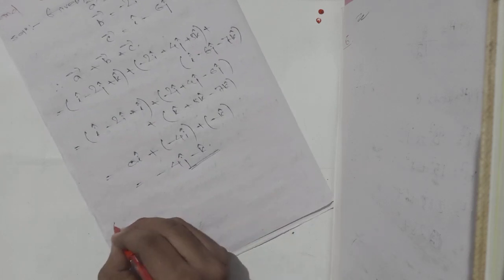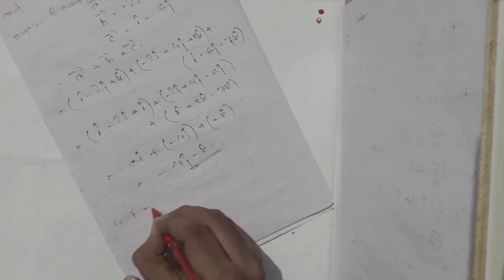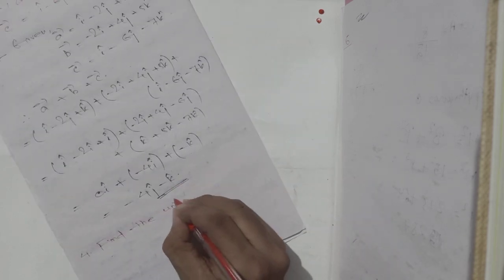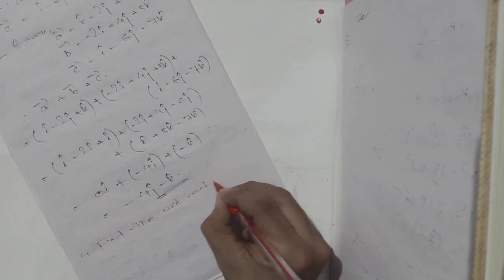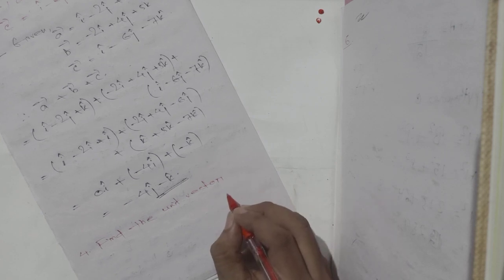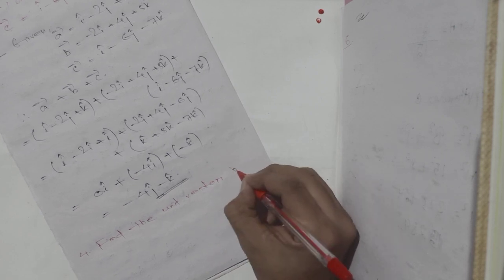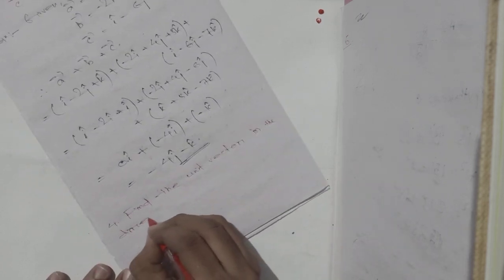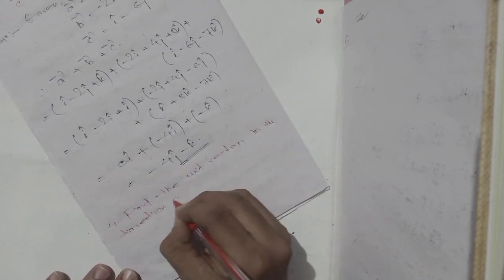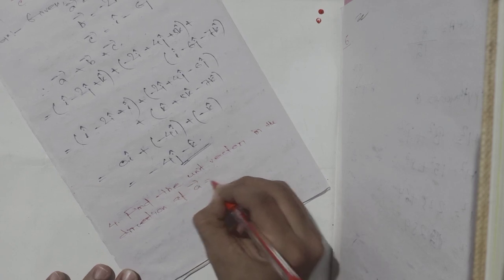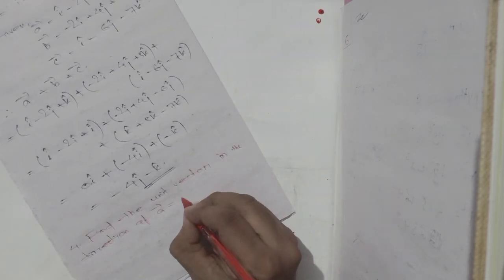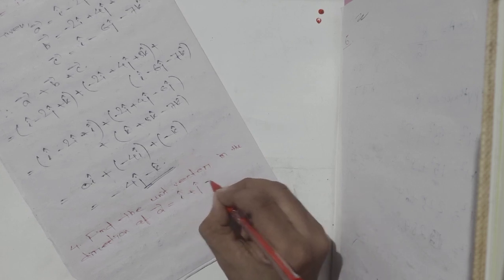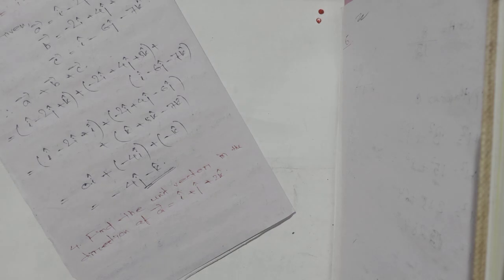So next question: find the unit vector in the direction of vector A, and vector A is given as I cap plus j cap plus twice k cap.